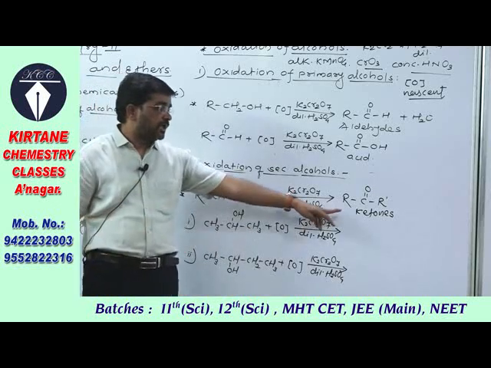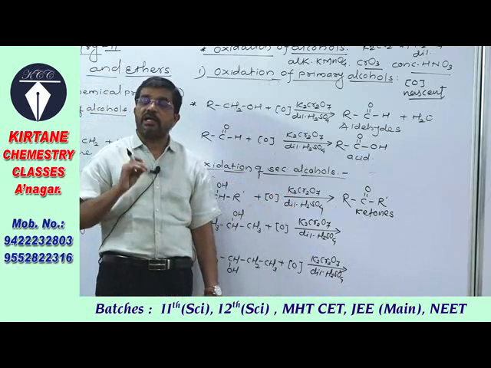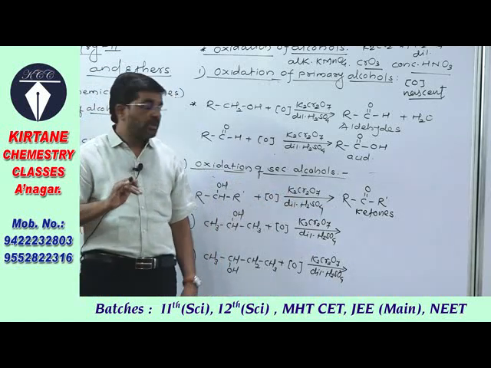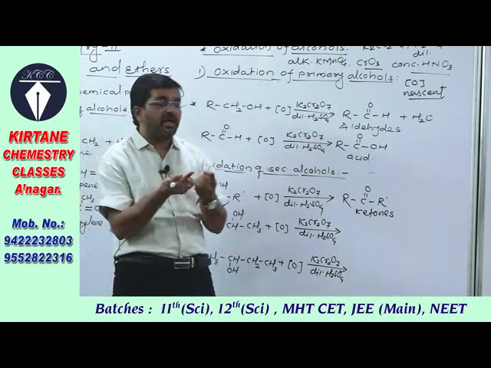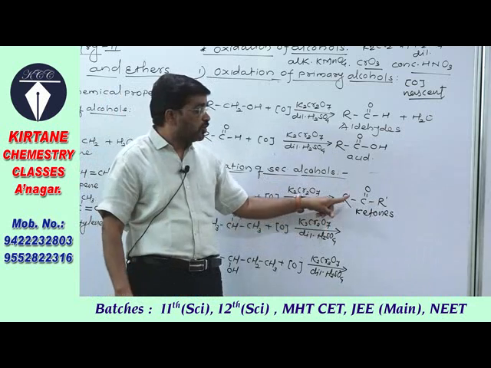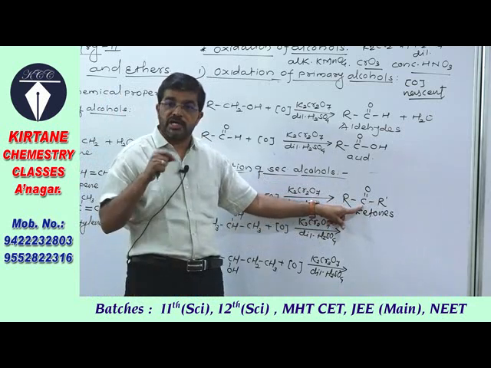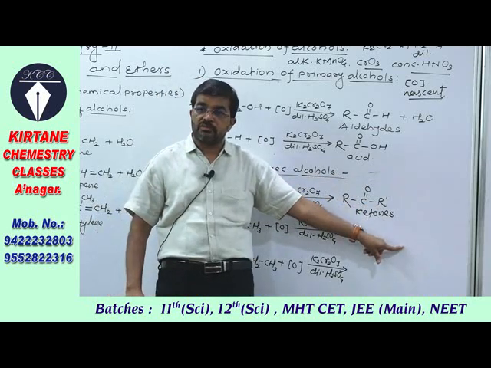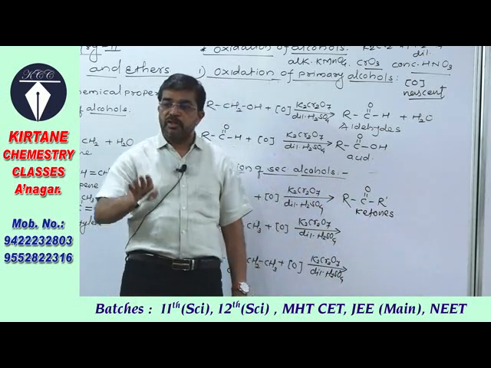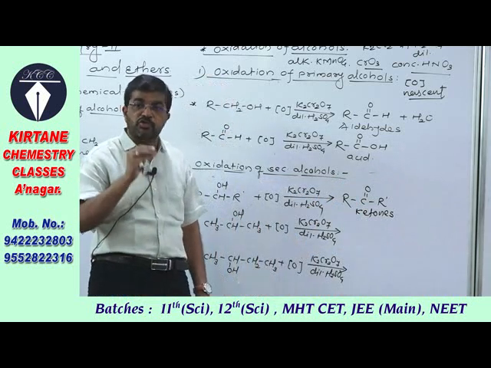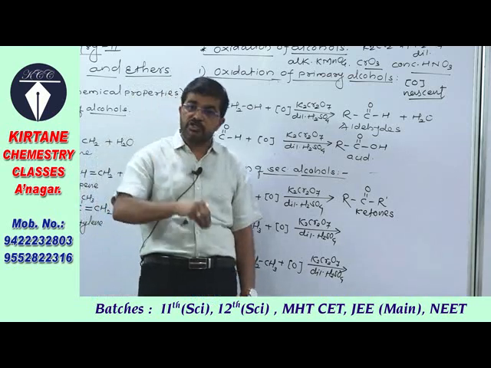Why? Further ketones cannot easily undergo oxidation due to the steric hindrance of those two alkyl groups, or there is no hydrogen atom on this carbonyl carbon, so it cannot easily undergo the oxidation. Then they can undergo oxidation, but under drastic condition.